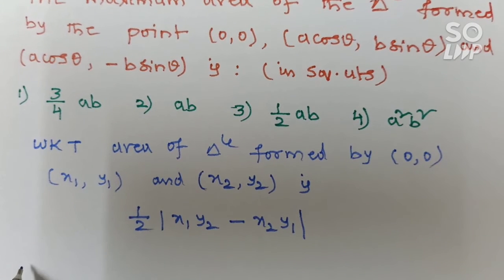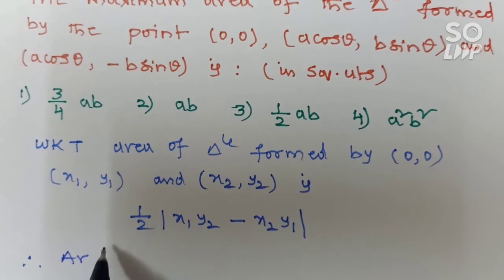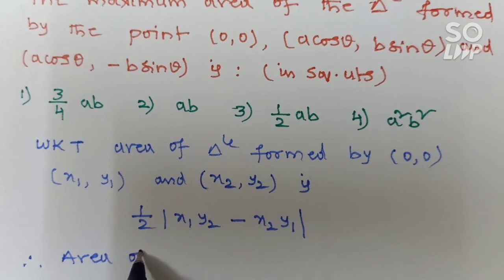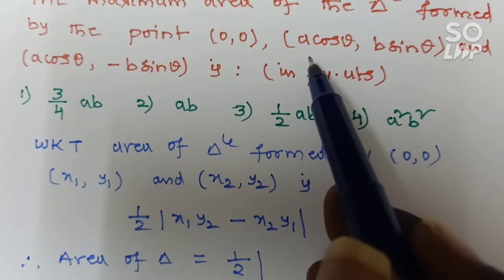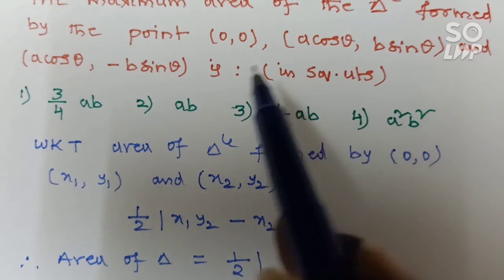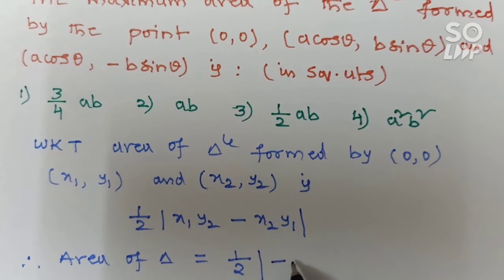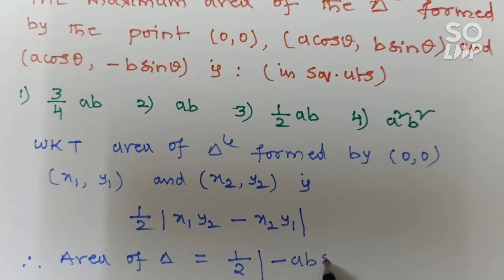So the area of the triangle is 1 by 2 into modulus of x1 into y2, so a cos theta into minus b sin theta, that will be minus ab sin theta cos theta.